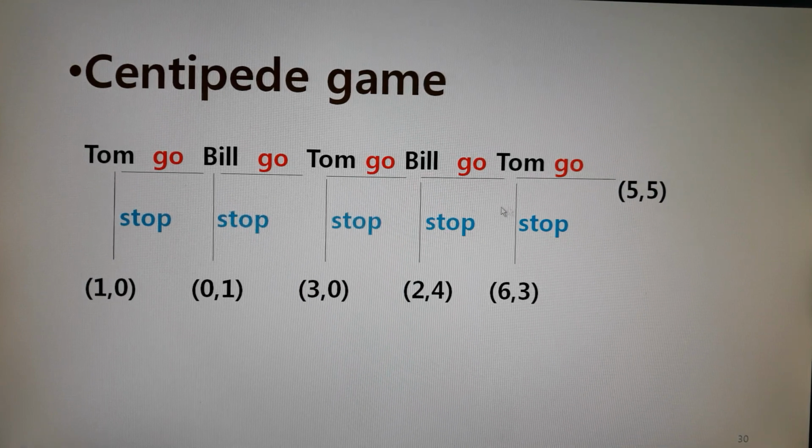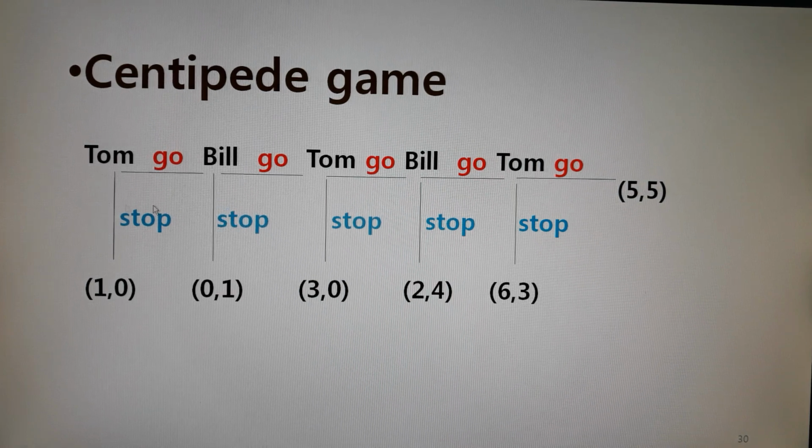Which means Tom stop, Bill stop, but Tom go, Bill go, Tom go. If this is happening, the same thing happens as in subgame perfect: Tom stops, period. However, how is it possible that Tom goes, Bill goes, Tom goes here? In Nash equilibrium, the key point is, can you change your strategy and get better? Now, in this game, because Tom stops, Tom gets 1, Bill gets 0.